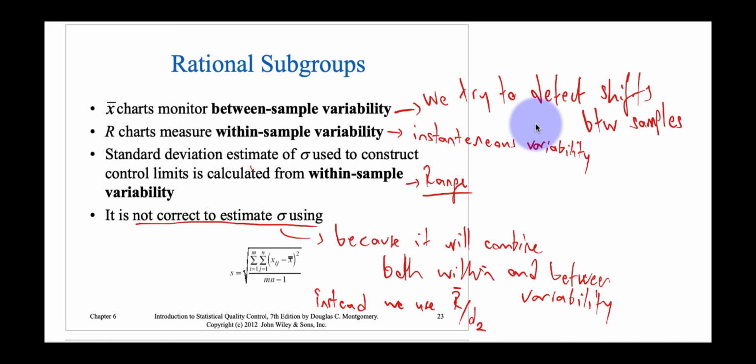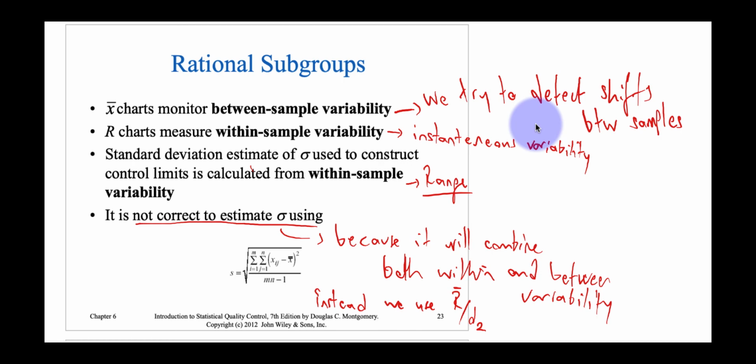And we are trying to reduce the variability within the sample. So actually we are trying to get identical observations, so we can make comments and inferences about the variability much more accurately.